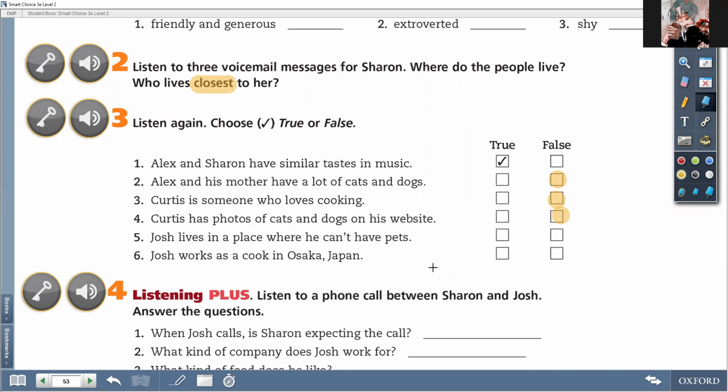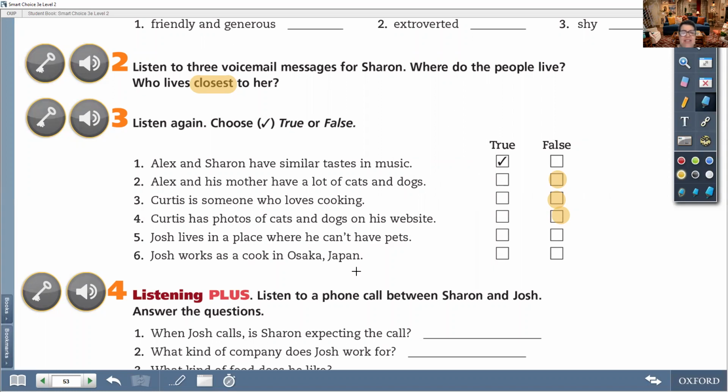I don't paint. I'm not very artistic, but I love going to art galleries. I'm not a great cook, but I'm taking classes in Japanese cooking. Oh, did I mention that I live in Osaka, Japan?